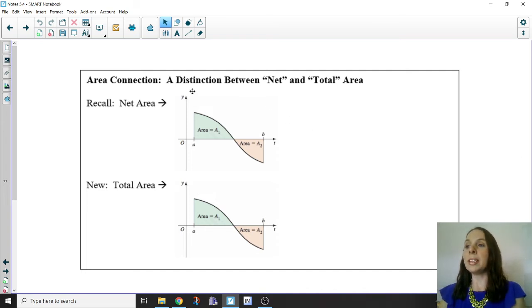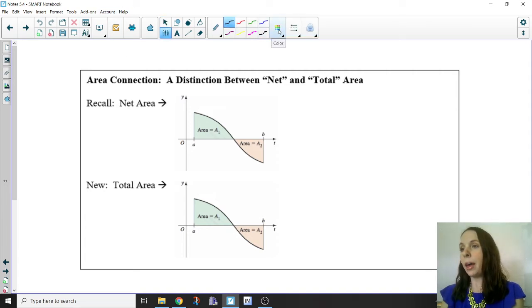Now, we need to make a distinction in this section between what is called net area and what is called total area. Okay, recall, this is what we've been doing. Net area is whenever you look at area above the x-axis as positive and area below the x-axis as negative. So we're going to write that.